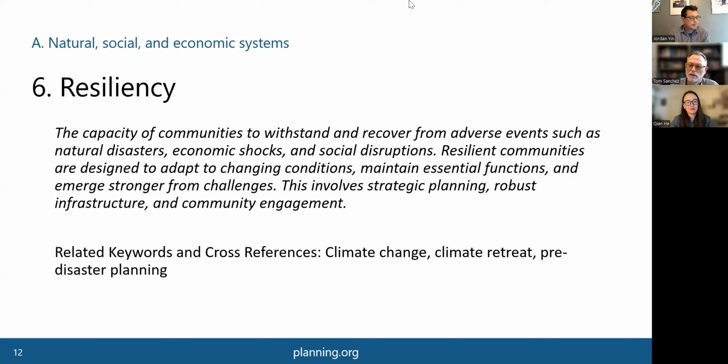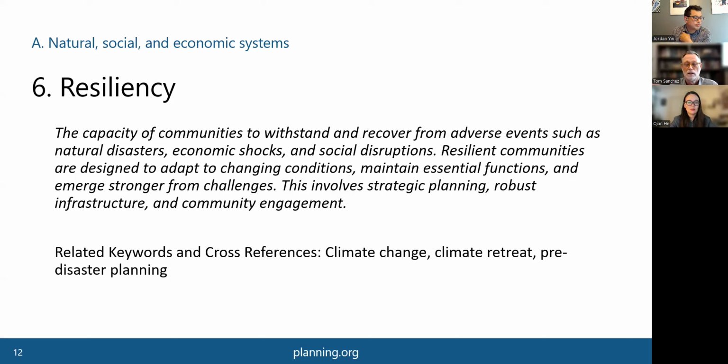This involves strategic planning, which we have done as planning for a long time, robust infrastructure, and community engagement. And so making those connections, that this isn't all the work of just the planners, but that community engagement piece is very important too, that we're understanding the needs, the preferences, the knowledge levels of the communities that we're working with.